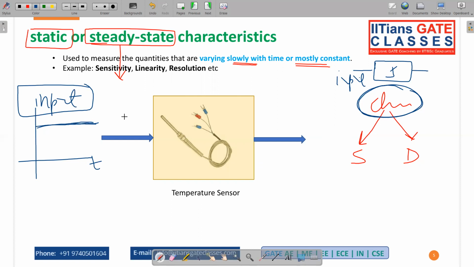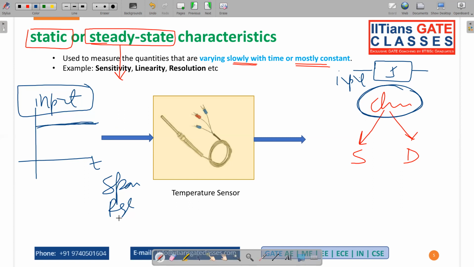So this is the static characteristics. There are a few terms that you will encounter like span, range, linearity, sensitivity, non-linearity, ideality, resolution, hysteresis. These terms are important.